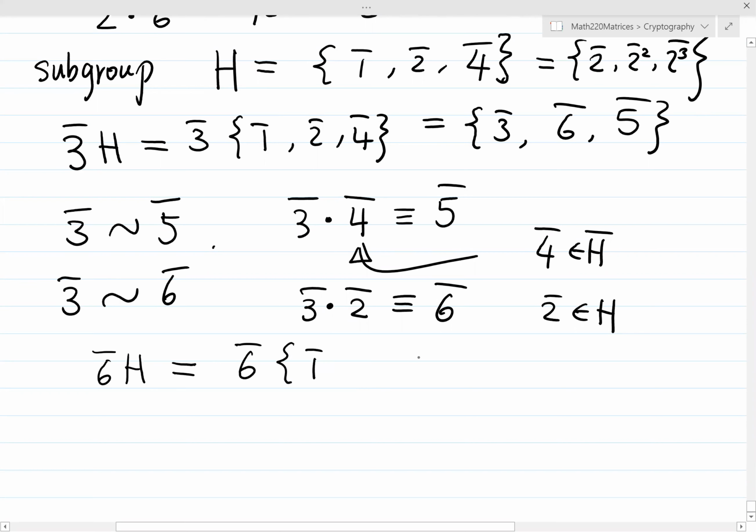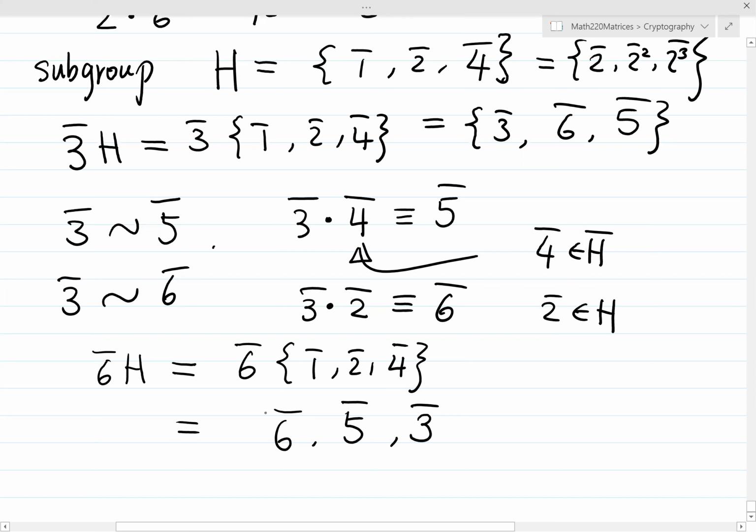If you compute it, 6 times 1, you get a 6. 6 times 2, you get a 12, which is 5. 6 times 4, we get 24. 24 modulo 7, you get a 3, subtracting 21.